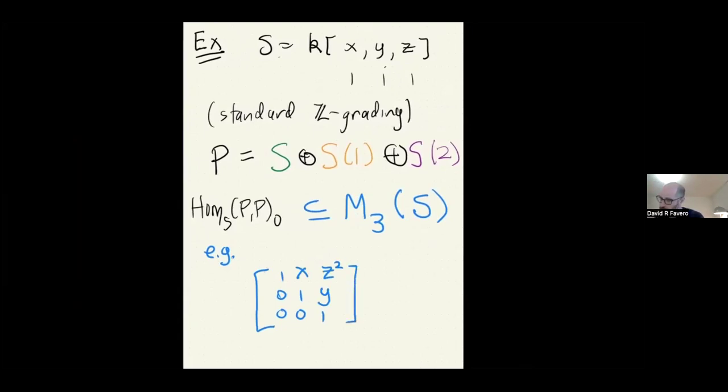So some subalgebra of this matrix algebra, that's another description.